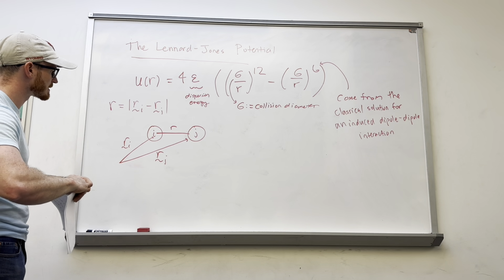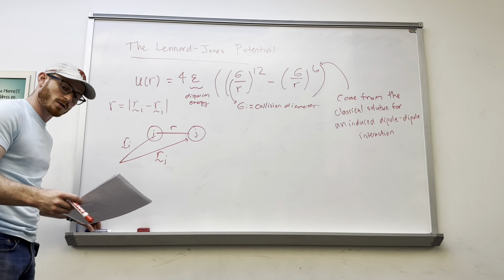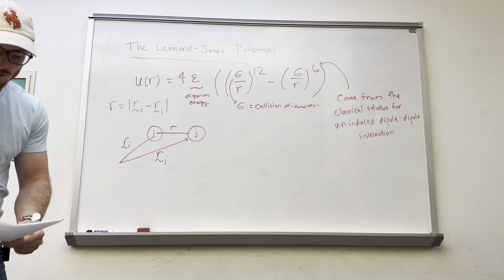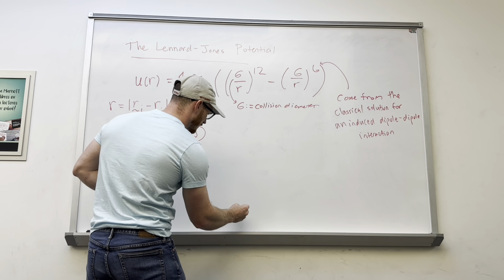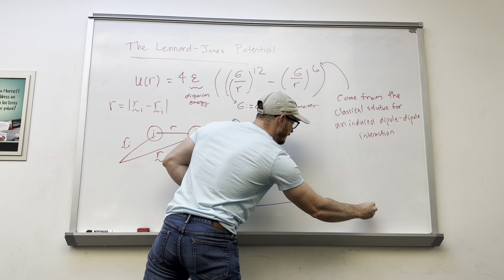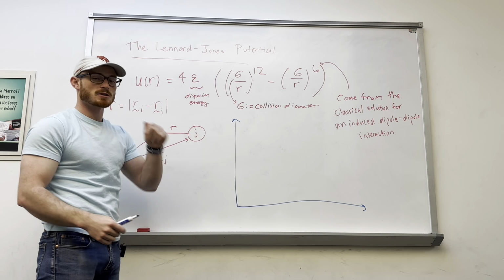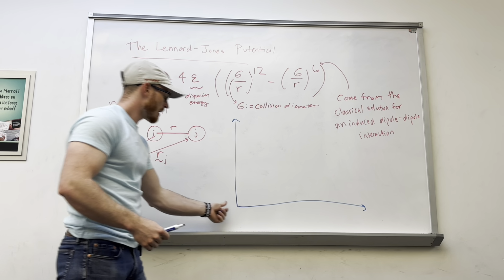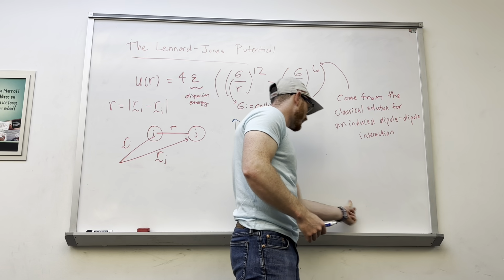When we calculate the potential energy of particles I and J using this formula, what we're doing, this will actually be easier to plot here, is we're just plugging this R into this equation with a given set of epsilon and sigma parameters, and that's going to give us the potential energy between these atoms.